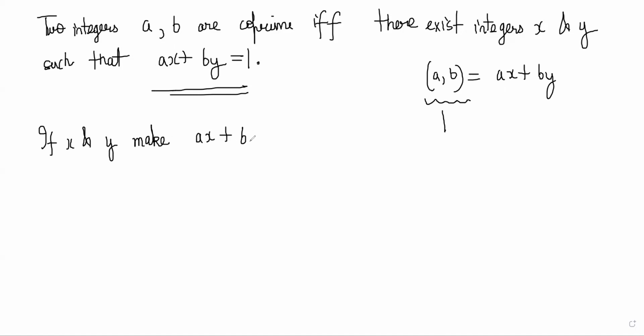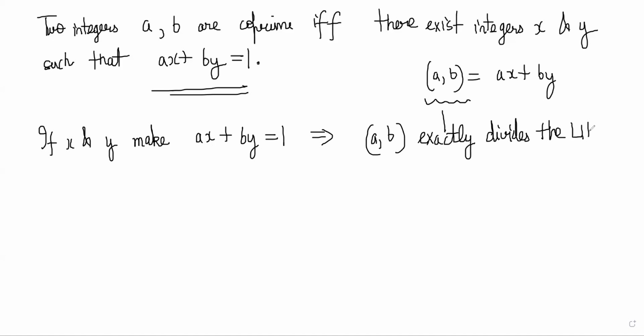Now, if X and Y make AX plus BY equal to 1, then it implies that the GCD of A and B exactly divides the LHS of this equation. Why?